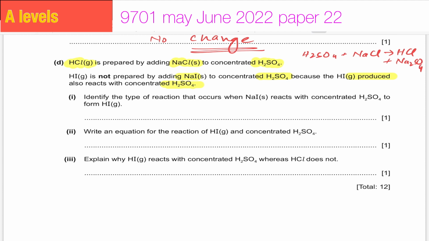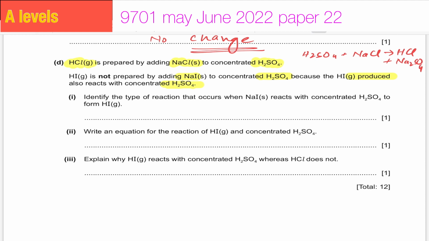But this is not the right way to prepare hydrogen iodide, because the HI produced reacts with concentrated sulfuric acid and converts into some other product, so we cannot get the desired product.